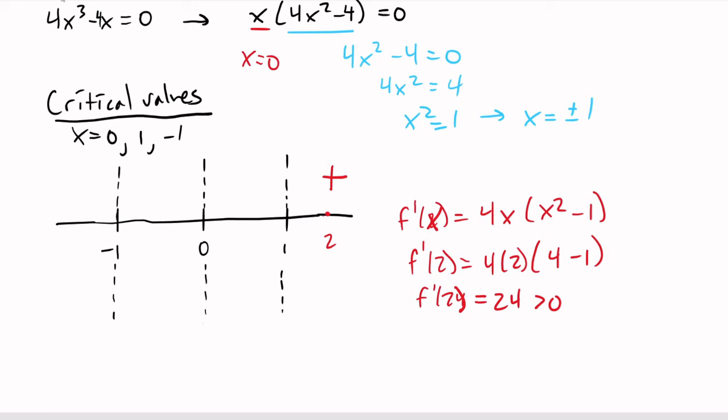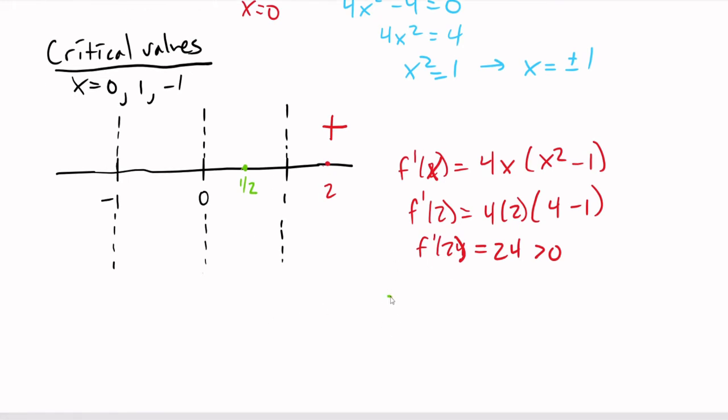So then we just go through and we test more points. You could pick whatever point you want here, but try to be nice to yourself. So 1/2. All we've got to do is test f prime of 1/2. That's going to be 4 times 1/2, 1/2 squared is 1/4, minus 1.